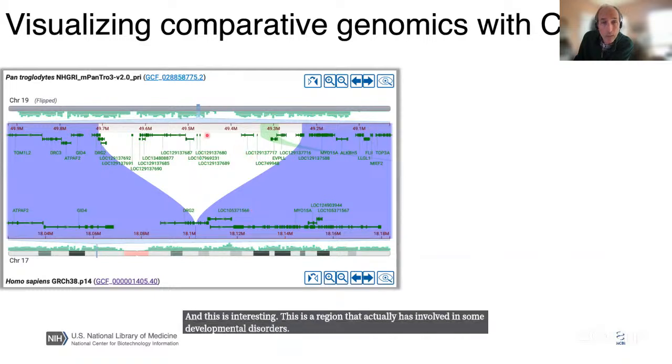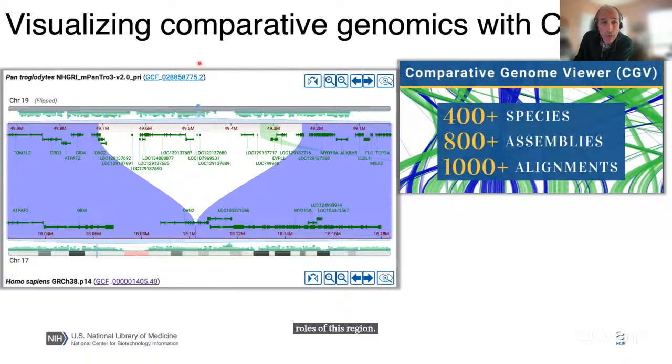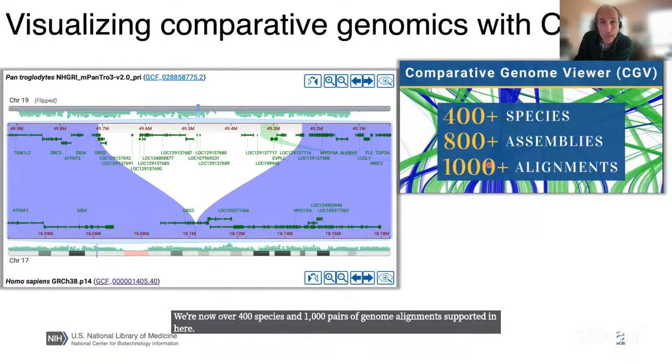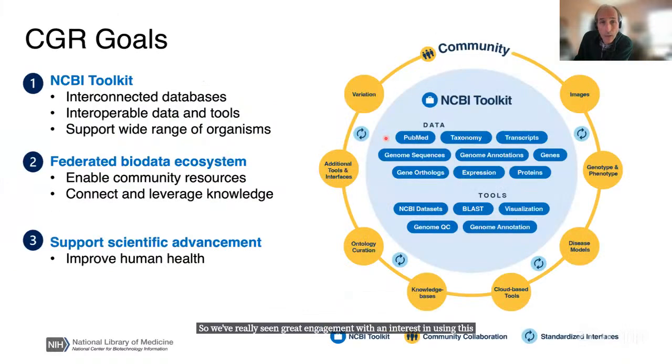So potentially chimp could be an interesting model for understanding the roles of this region. We add organisms to the CGV resource by request. We're now over 400 species and 1,000 pairs of genome alignments supported in here. So we've really seen great engagement with and interest in using this resource.